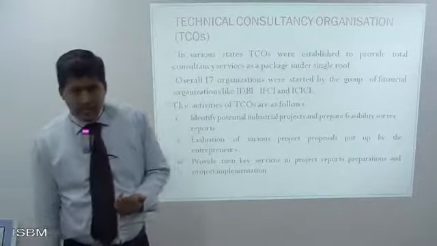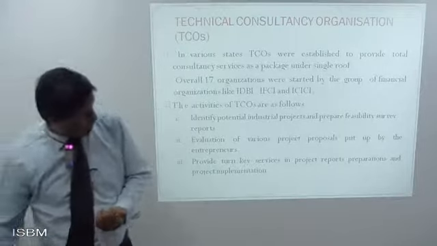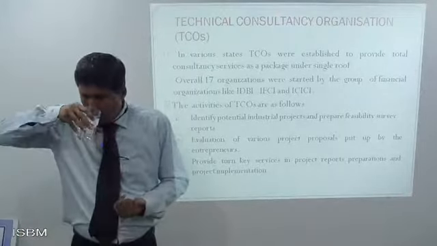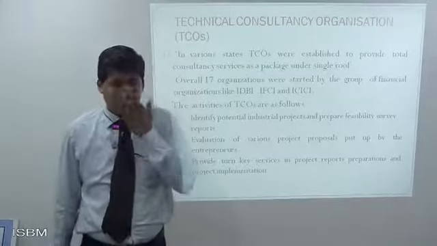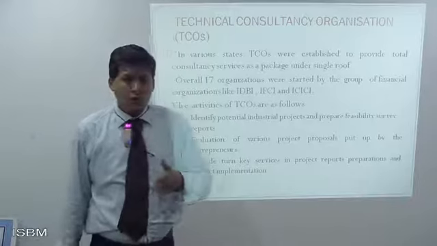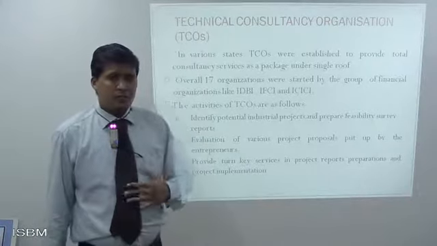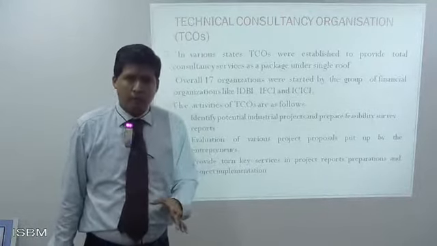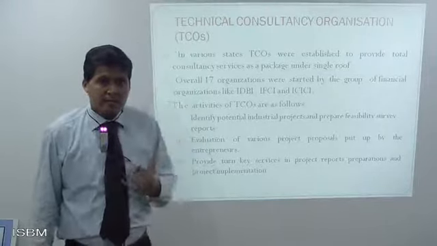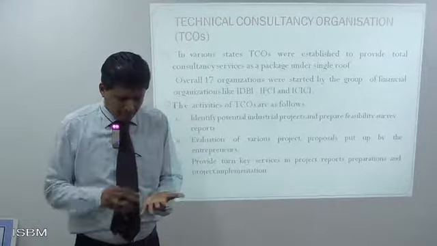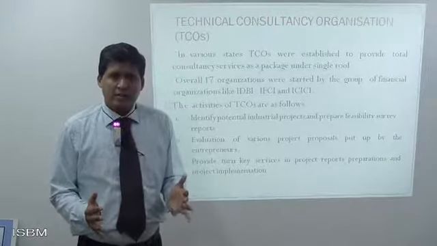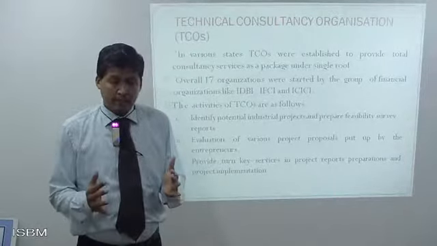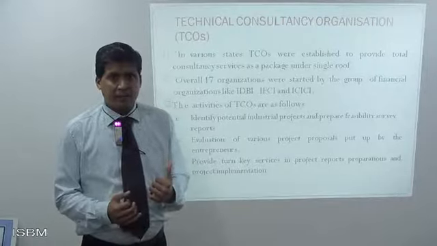The other thing that we need to look into is the technical consultancy organization. Now, there are certain TCOs. TCOs have their specific defined role. As the name itself signifies, they are given a cross-section of a segment where they specialize. That's the technical competency.